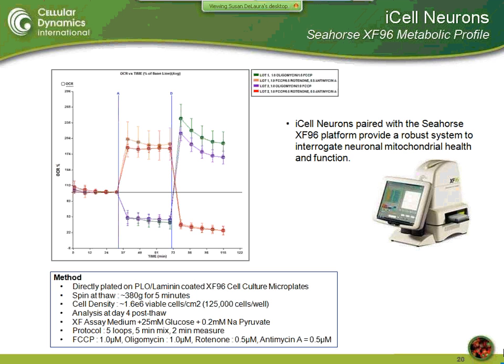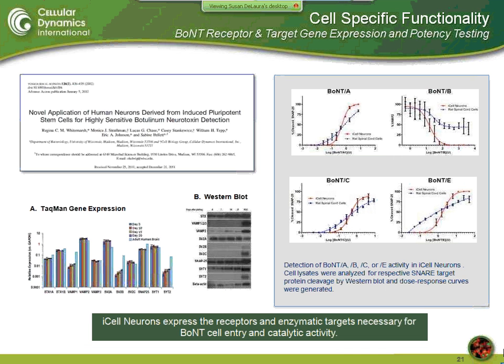So you are able to look at the oxygen consumption rate and see how the various compounds may affect the overall oxygen consumption, as well as you can look at the ECAR, which is the extracellular acidification rate, and monitor the glycolytic pathway.